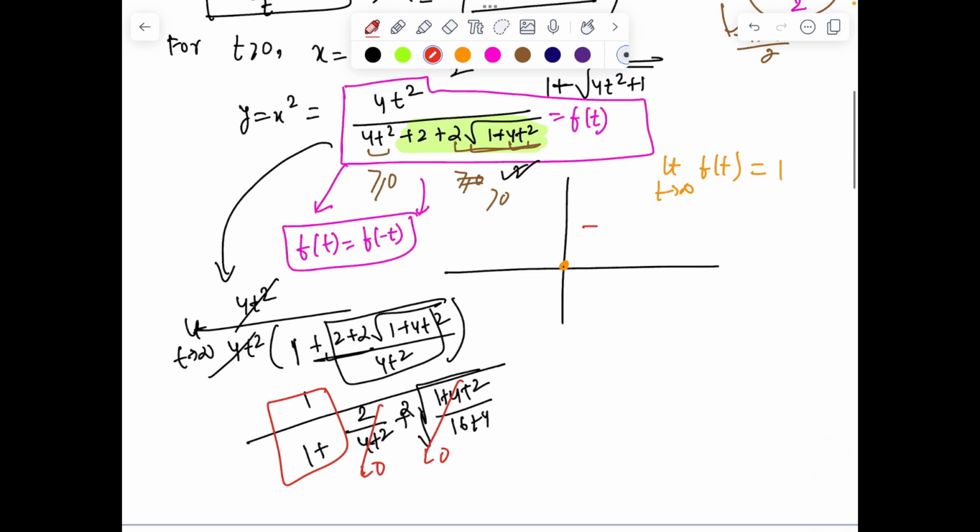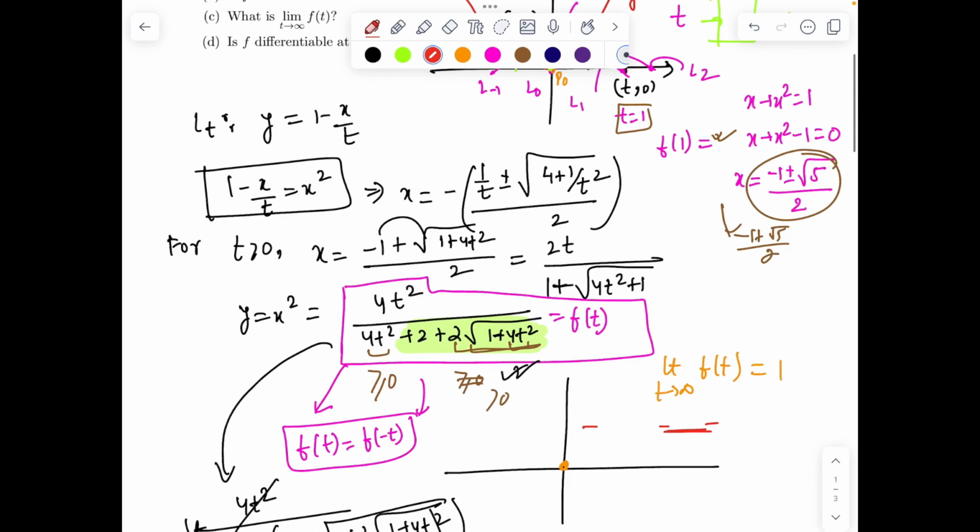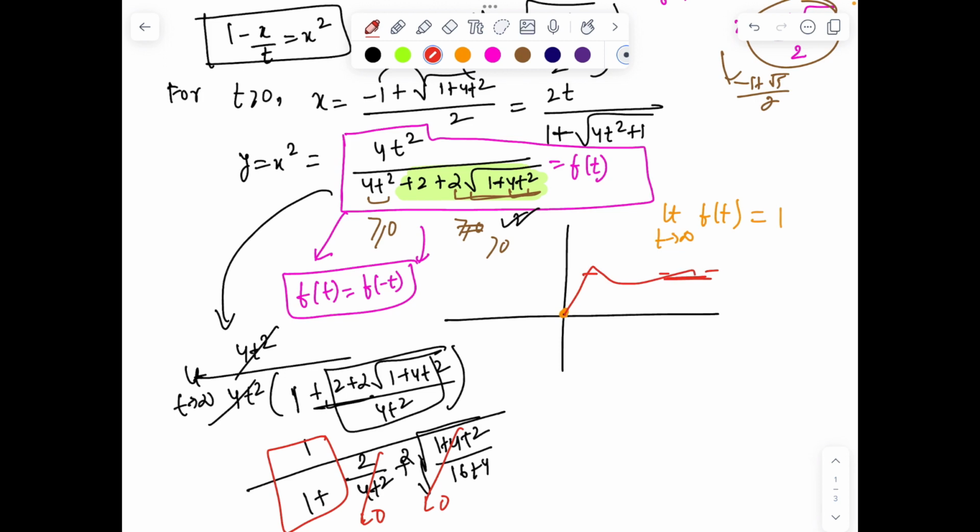So at infinity it has to be somewhere near 1. Even if the graph dwindles or does whatever, since it's an even function, I don't care about the graph much, because you can even differentiate and take care of how exactly its nature is happening. It might happen like this, or it might go up and down.